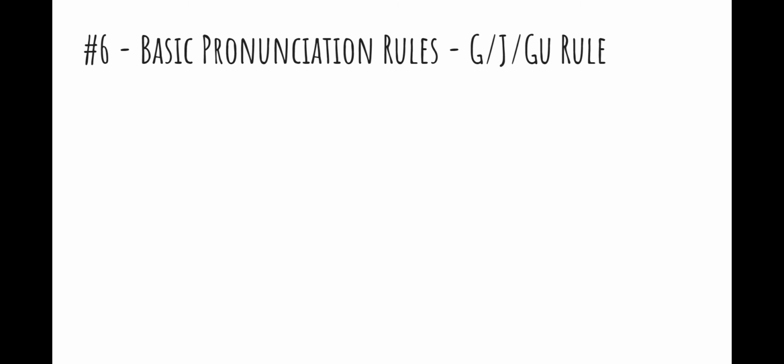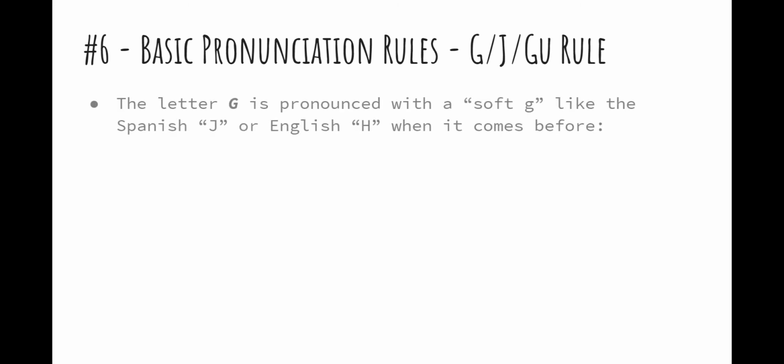All right, then we have what's called the GJ rule. Very similar. So the letter G is pronounced with a soft G, like the Spanish J or English H, when it comes before the vowels I or E, the English I or E. For example, germinar.